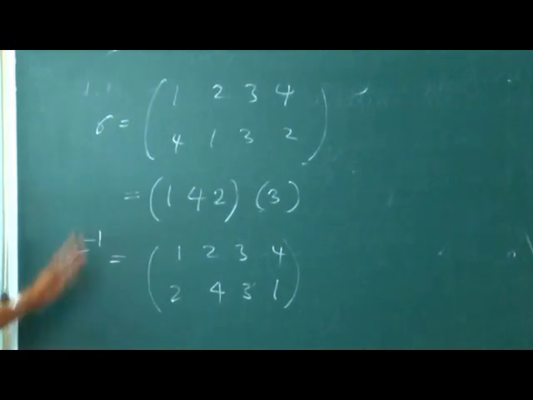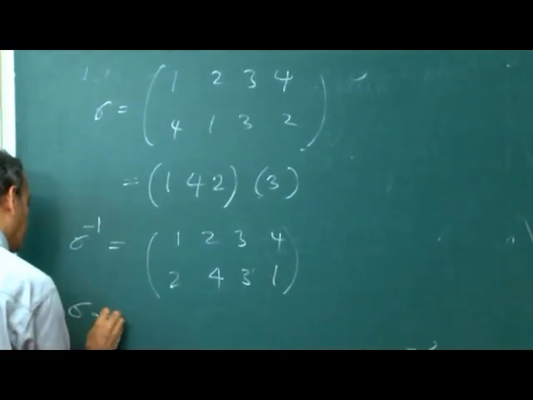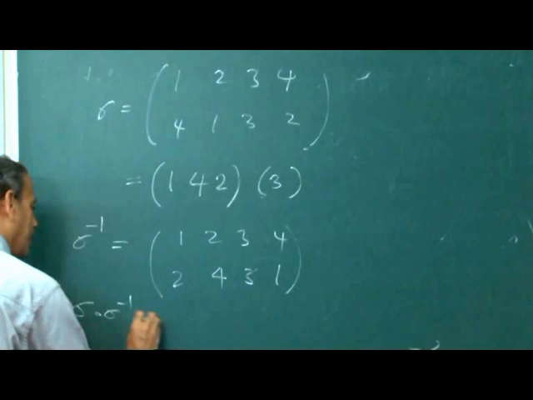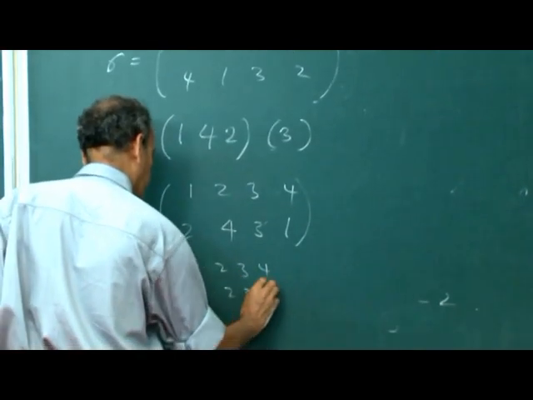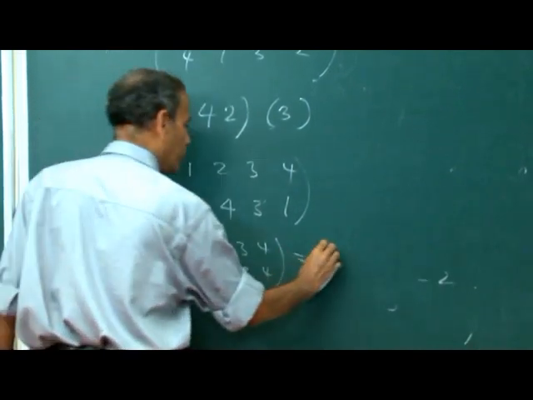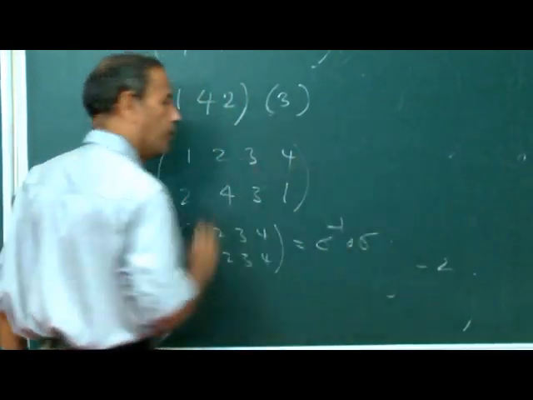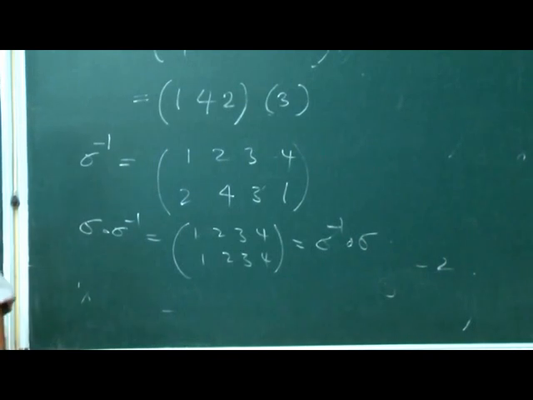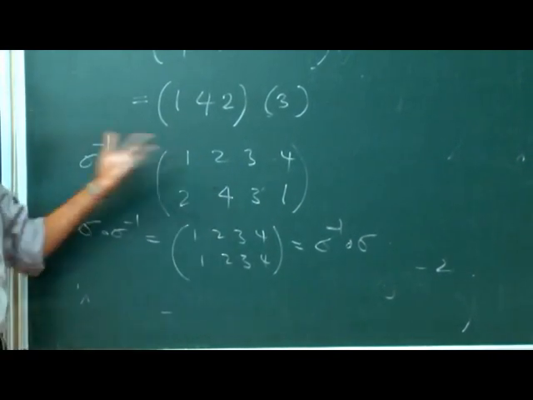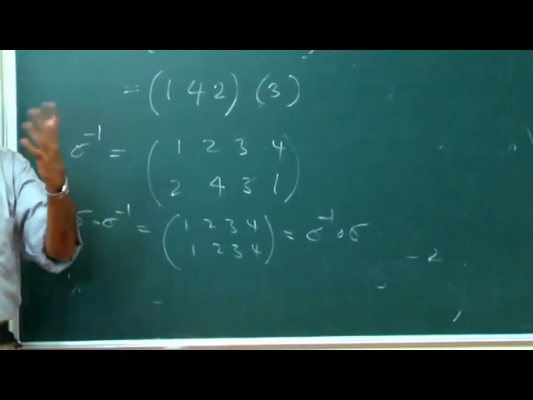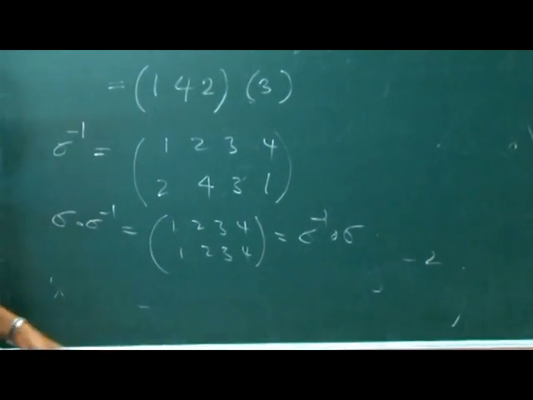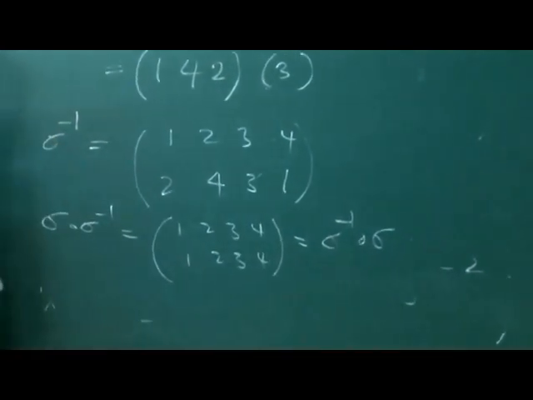It is the inverse. That means sigma composed with sigma inverse takes 1, 2, 3, 4 to 1, 2, 3, 4. And this is also equal to sigma inverse composed with sigma. So there is one more property of the set of all permutations on a set X: you can compose them and you get another permutation, and you have an inverse.